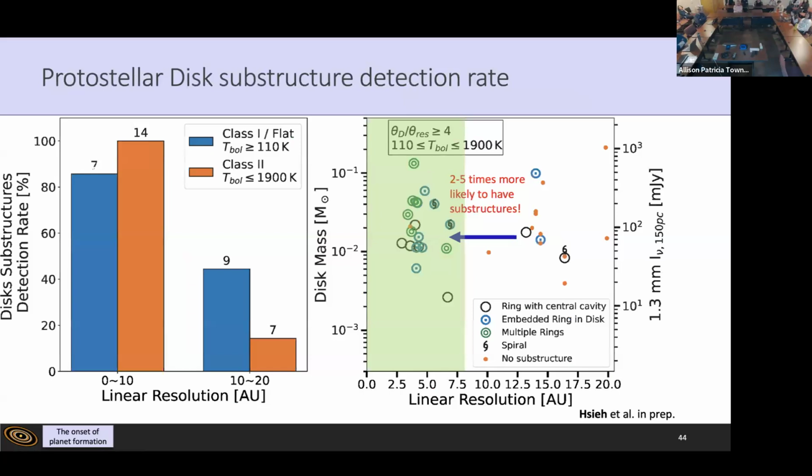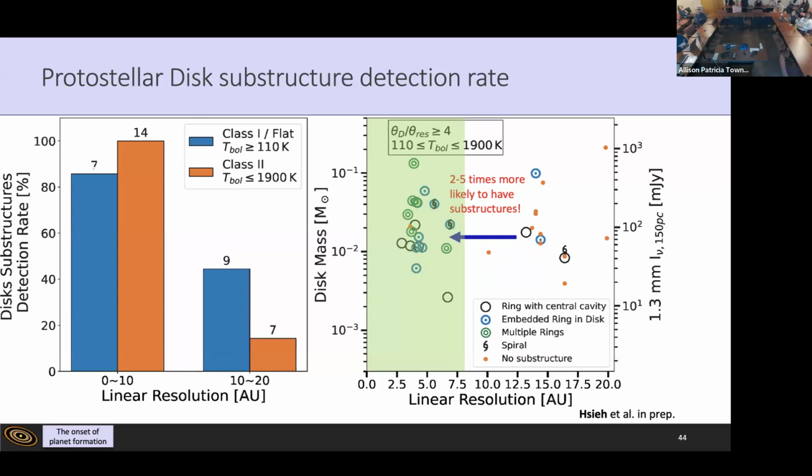Another thing we did is look at the protostellar disk substructure detection rate as a function of both the evolutionary stage and the linear resolution. On the left-hand side, I plotted the substructure detection rate for two different linear resolutions, 0 to 10 AU and 10 to 20 AU. I only select the sources after the onset of substructure at around a bolometric temperature of 110 K for the class 1.